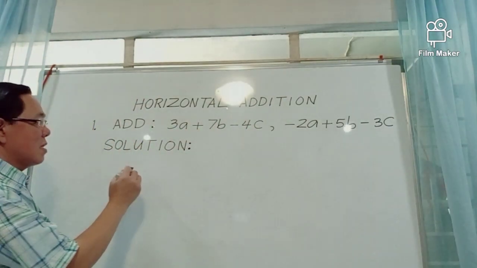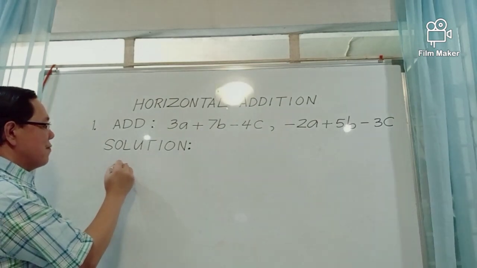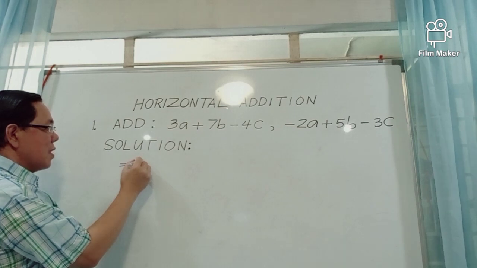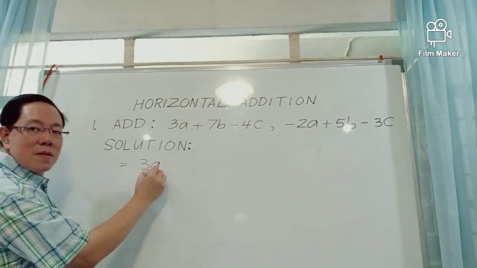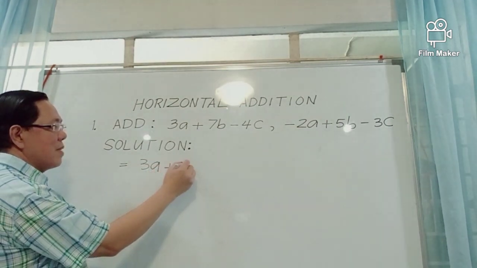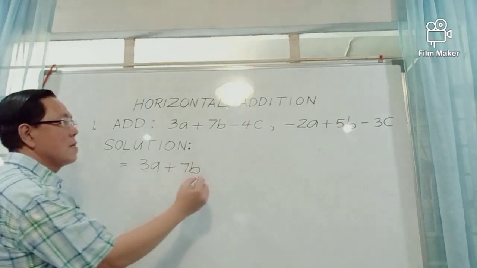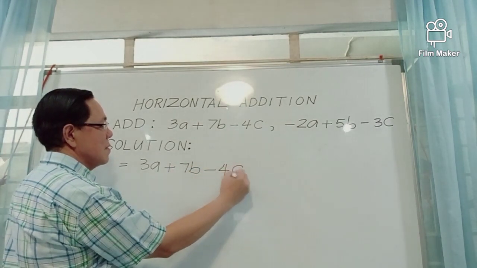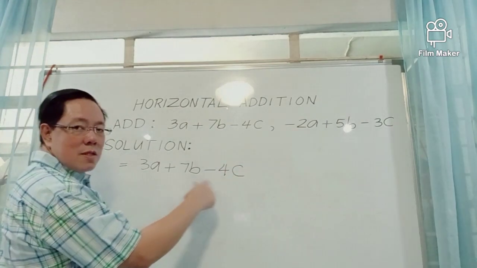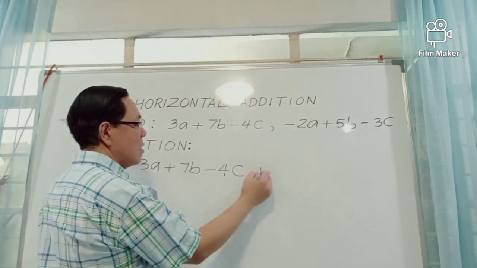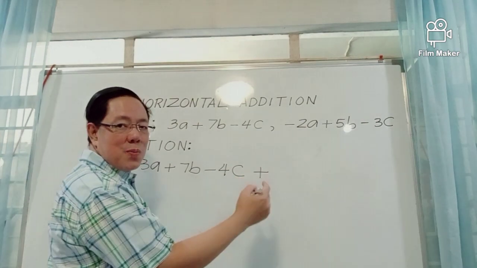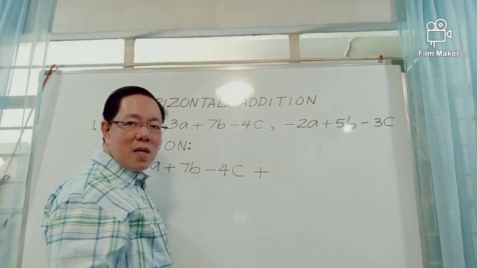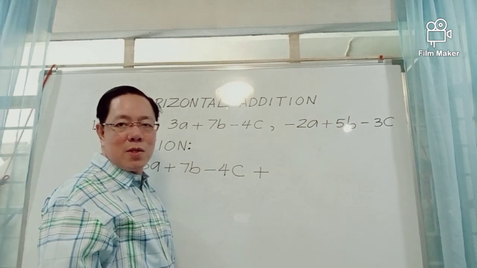We write the first trinomial. We have 3a plus 7b minus 4c, and to this trinomial we add the second algebraic expression. And the second algebraic expression has more than one term.